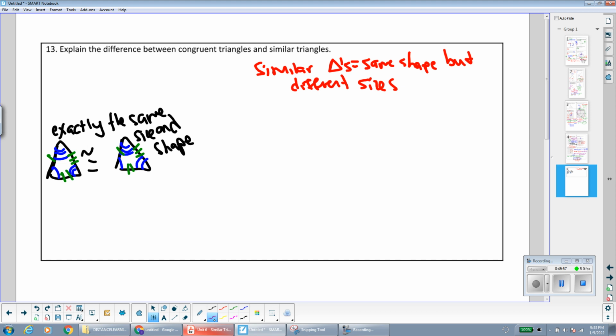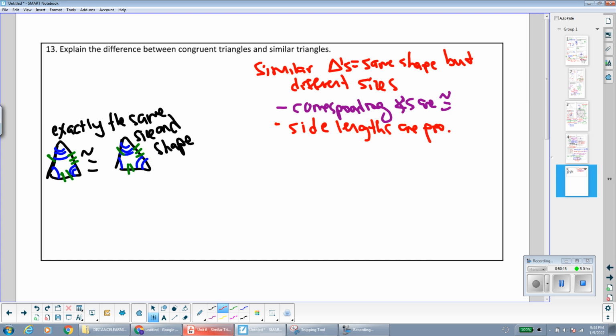And if two triangles are similar, their corresponding angles are congruent, just like with congruent triangles, but their corresponding side lengths are proportional. And we have three different methods of showing that triangles are similar, so I'm going to put them here.